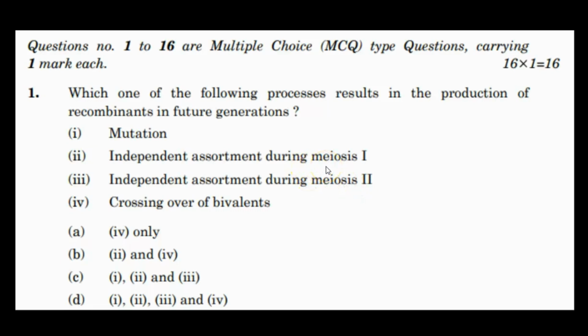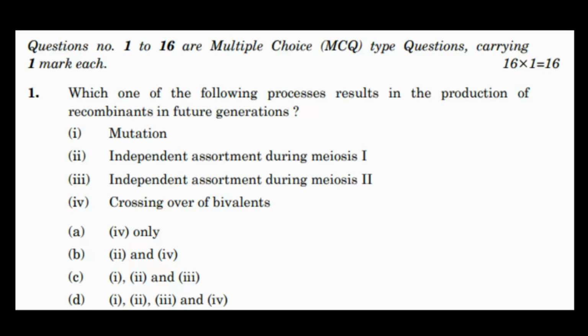In meiosis 1, our maternal and paternal chromosomes are aligned. Maternal means the chromosomes we get from our mother, and paternal means the chromosomes we get from our father. So independent assortment in meiosis 1 is the aligning of these maternal and paternal chromosomes. It is a random alignment, so chance or probability comes in.